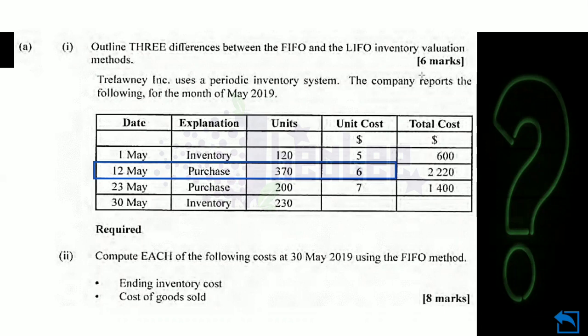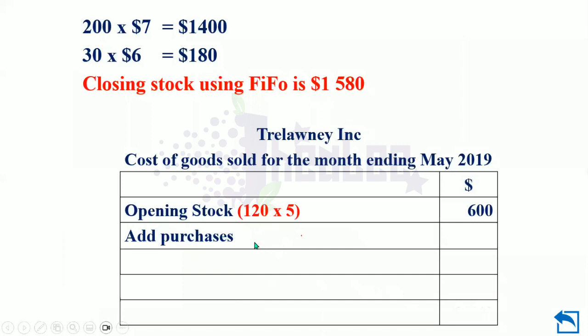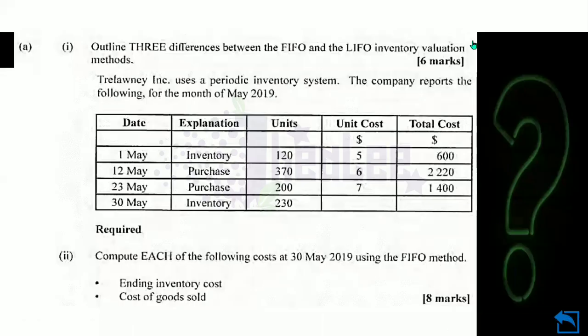So we are going to enter that in our workings, 370 multiplied by 6. And instead of doing this, you could simply pick up the value from the total column, which is $2,220 for May 12 purchase, and we have $1,400 for May 23rd purchases.